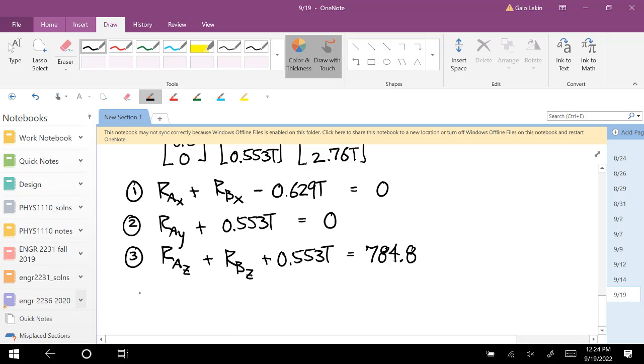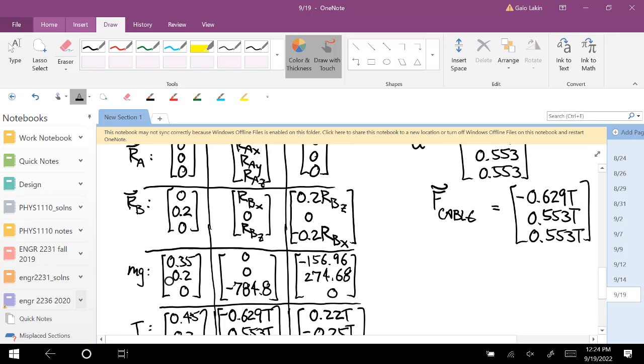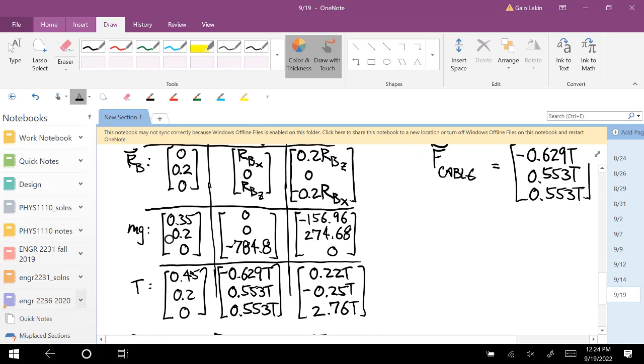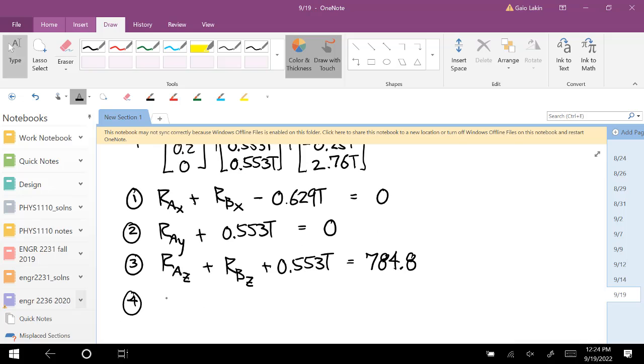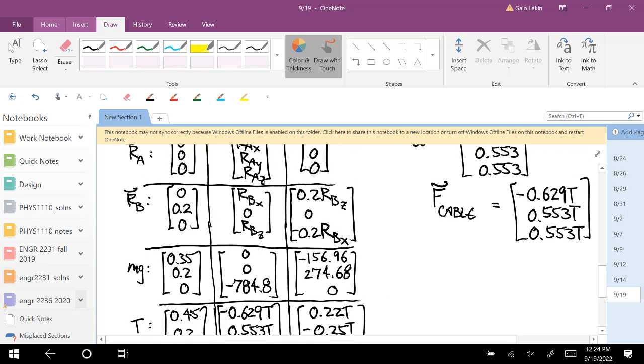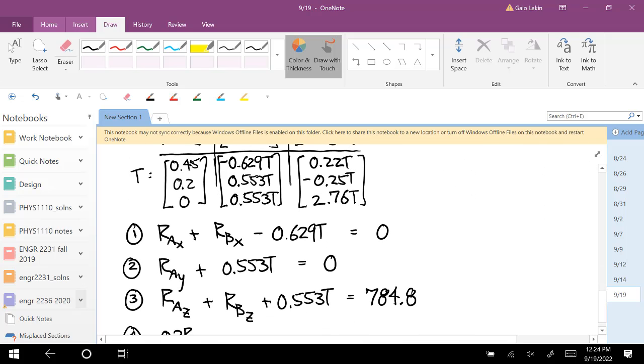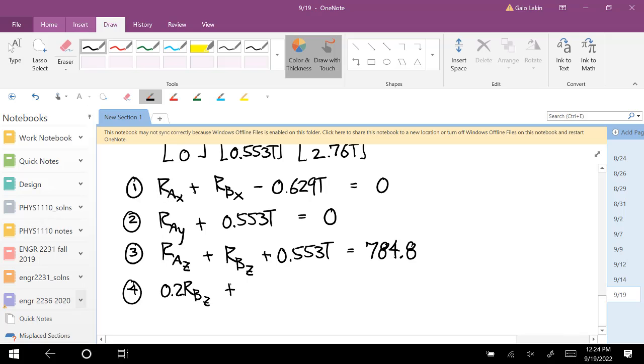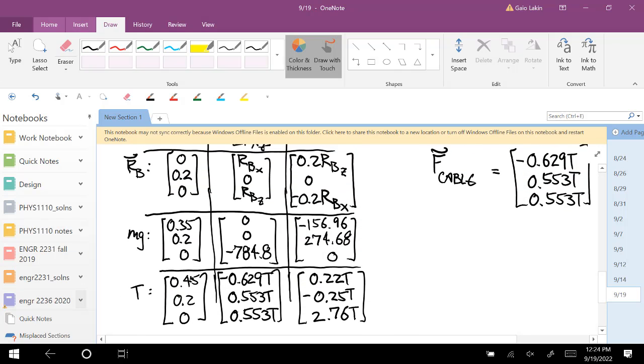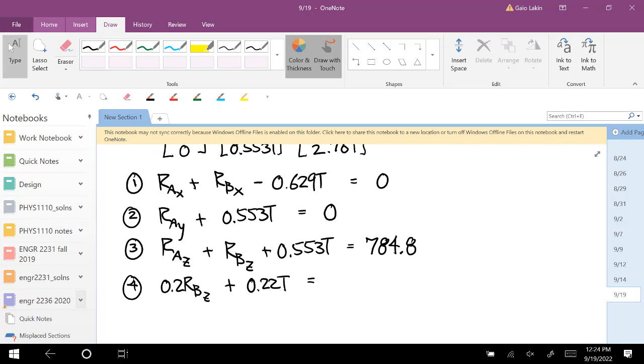And now the moment equation. 0.2 RBZ plus 0.22T is equal to positive 156.96.